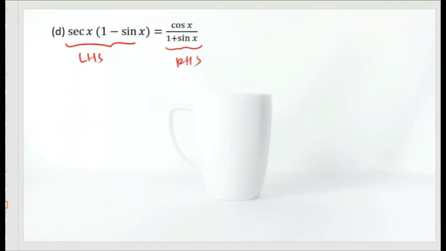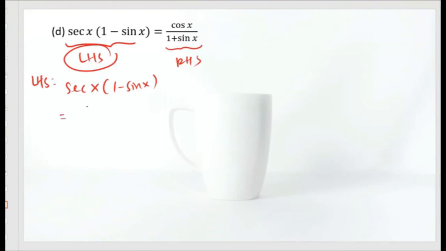For this question, of course, I think the left hand side is easier, left to right. Secant x over 1 minus sine x, we have to prove it becomes cos x over 1 plus sine x.